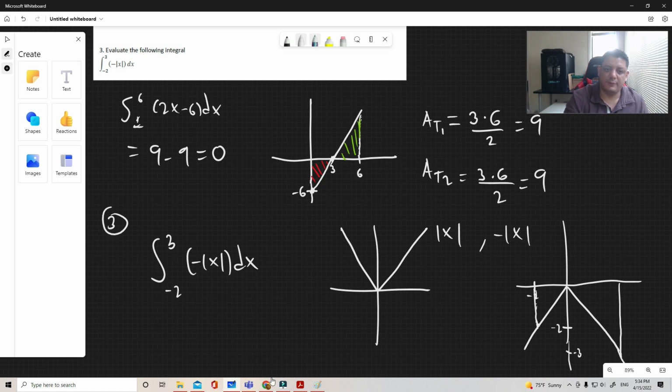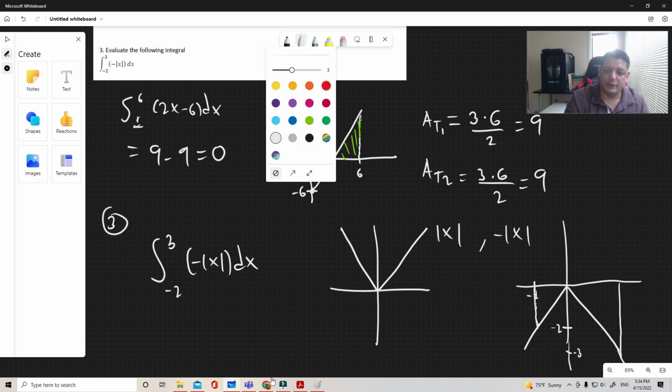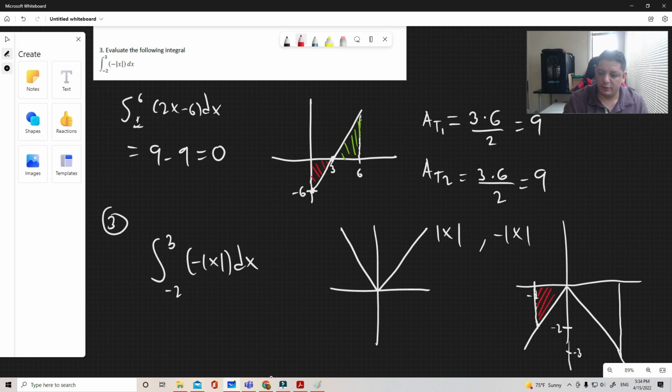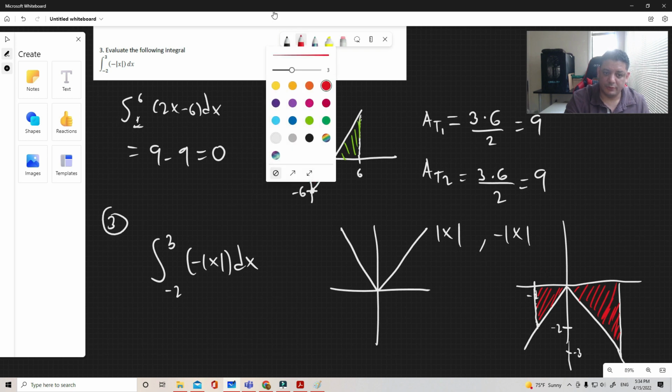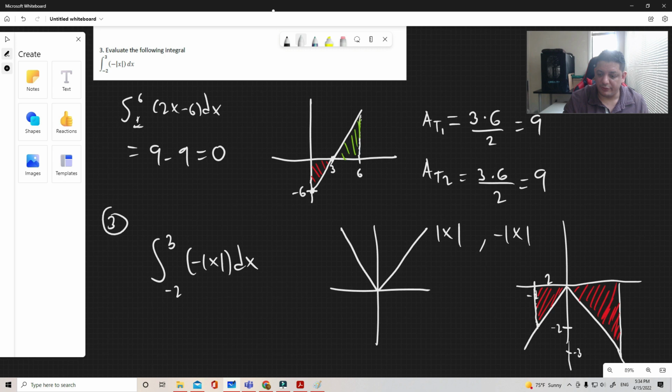And so this piece in the middle and this piece are going to end up being the areas that represent the area under the curve of minus absolute value of x. Notice this is going to have base 2, and also it's going to have height 2 as well.